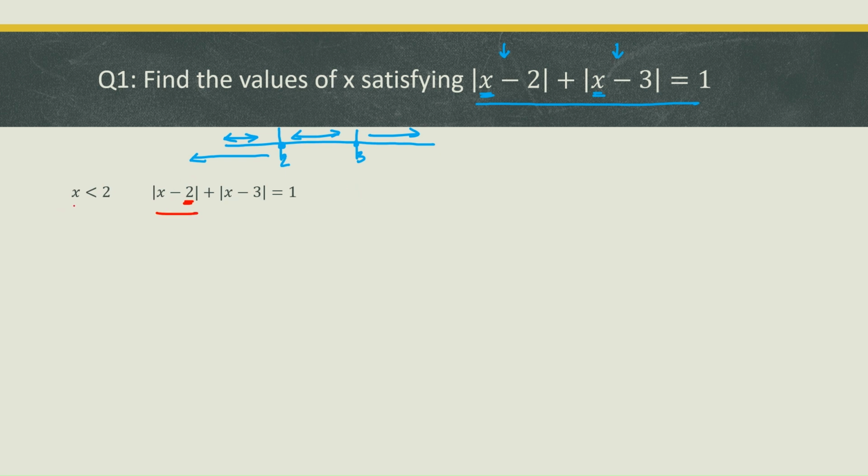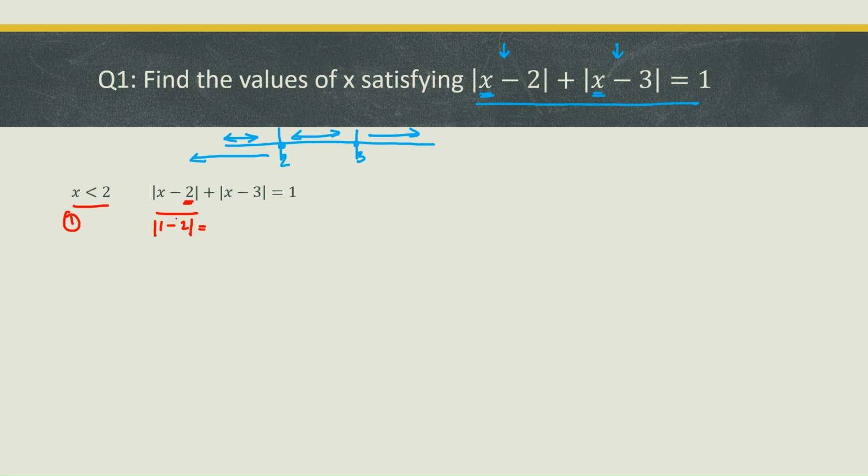If you don't understand, I said x is less than 2. Consider x is 1. So 1 is less than 2, right? So I'm trying to subtract a number which is greater than the given number. That is, I'm trying to subtract 2 from 1, which would result in a negative number.